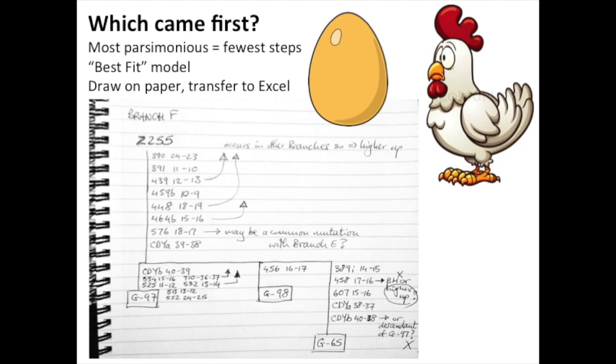You're trying to see where the subgroups relate to each other, and what's the most parsimonious way of putting them into your tree. By most parsimonious, I mean what configuration of mutations gives you the least number of steps for your mutation history tree.